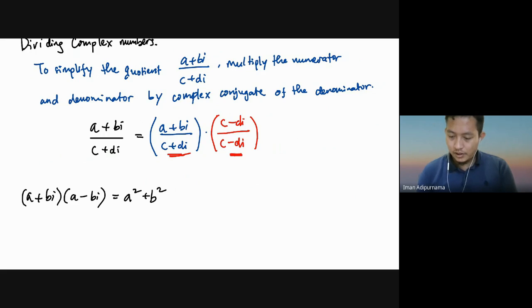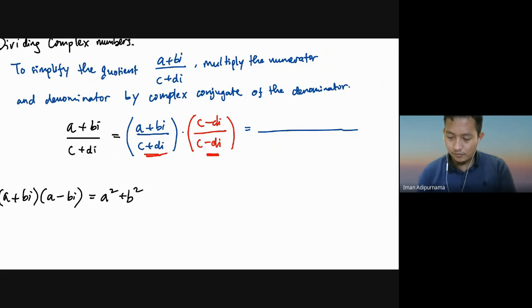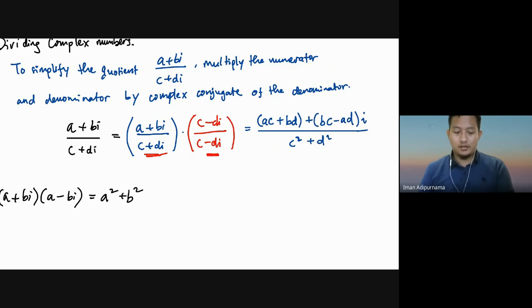So this part here will be c squared plus d squared, and this will be ac plus bd plus bc minus ad.